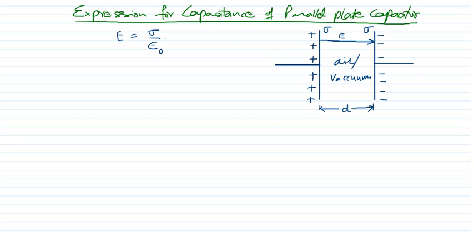Now if the potential difference applied across the ends of the plates is V, then we know the basic formula.